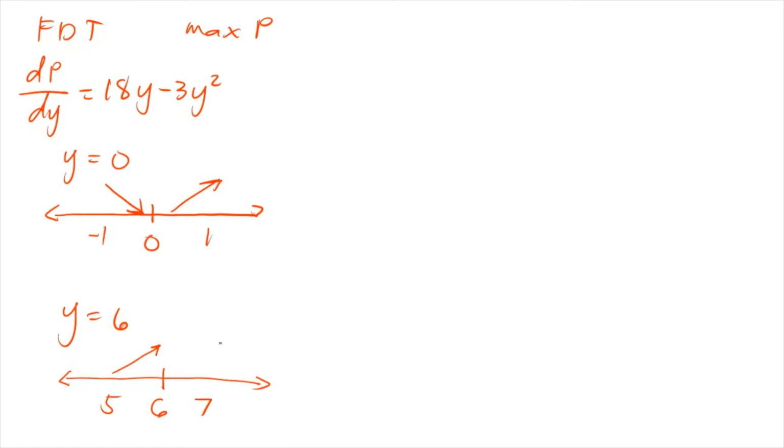And then if we plug in positive 7, we'll get a negative value. This means it's a negative slope, so the function is decreasing. If this is the case, then we have a maximum at y equal to 6. So this will give us a maximum product.